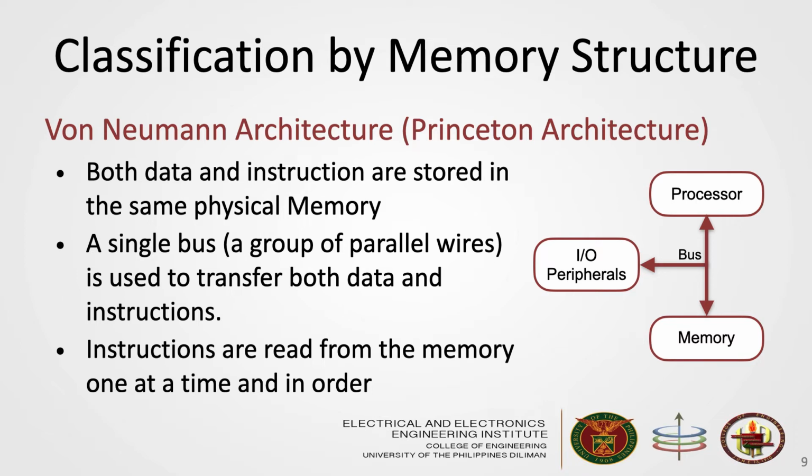In the von Neumann architecture, both data and instructions are stored in a common memory, and the common bus is used to transfer both data and instructions throughout the system. Because there's only one bus to use, data are transferred one at a time. Instructions are also read one at a time and in order. You can check out more details about von Neumann architecture on Google during your free time.